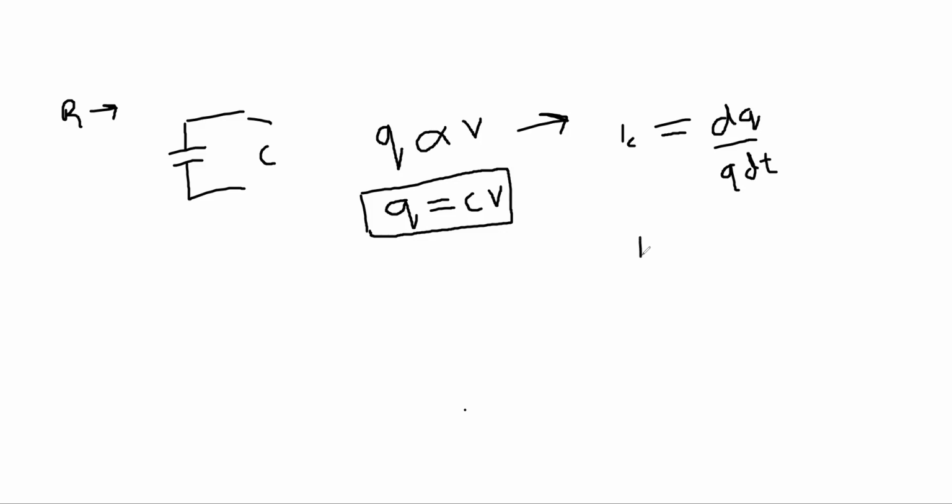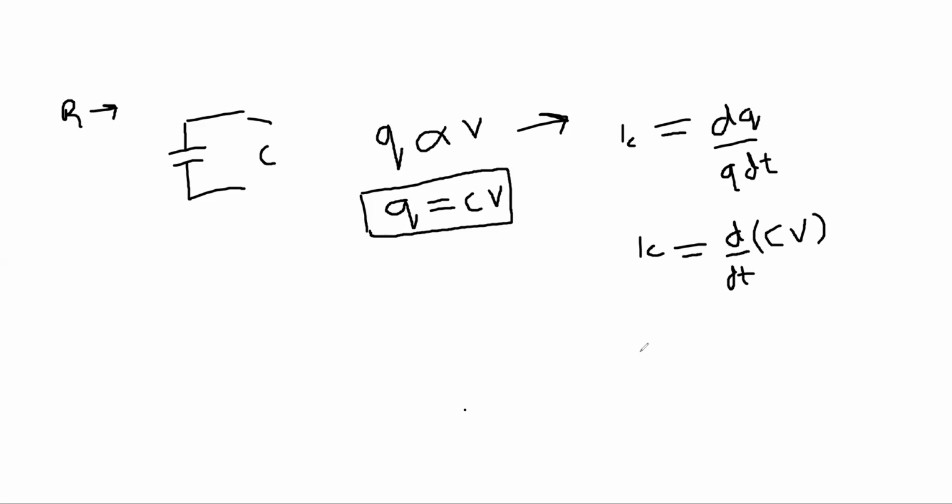So the capacitor current IC equal to d by dt of CV.